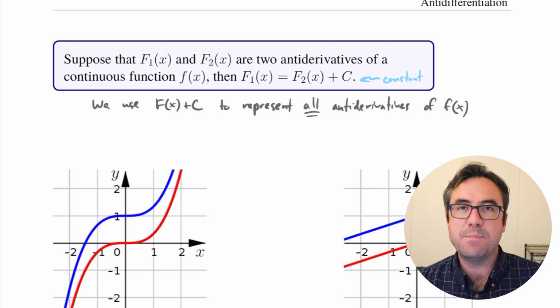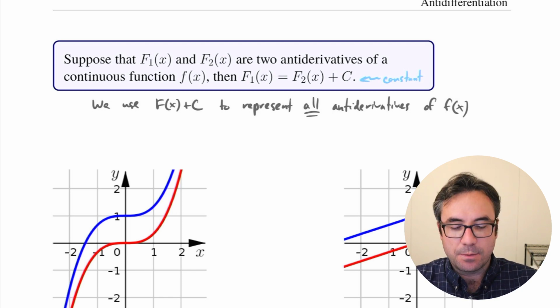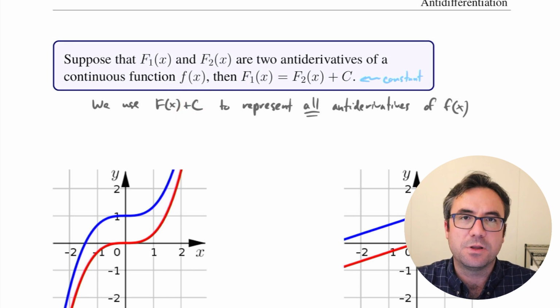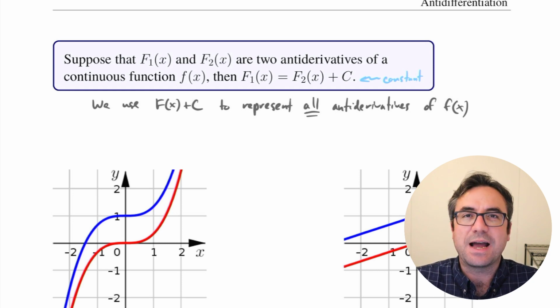So basically we're focusing on the variable part, and then we throw a general plus c on the end, saying we found the interesting variable part, and there's some ambiguity in terms of the constant that's getting added on.